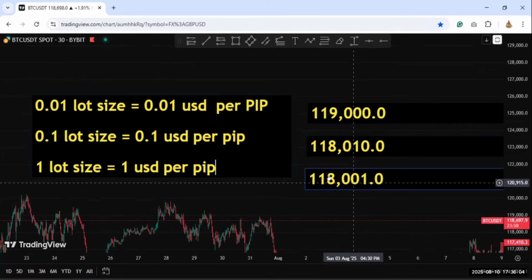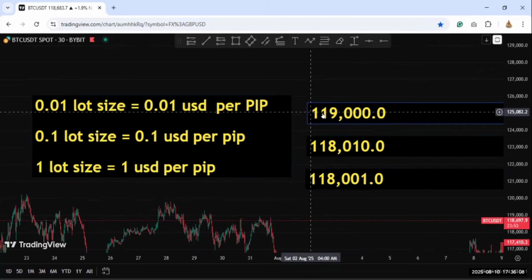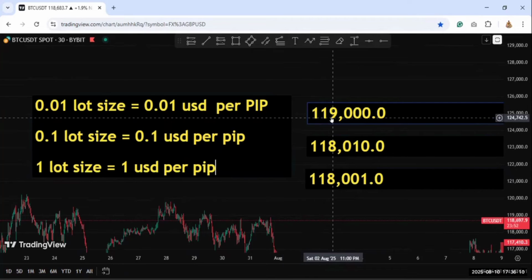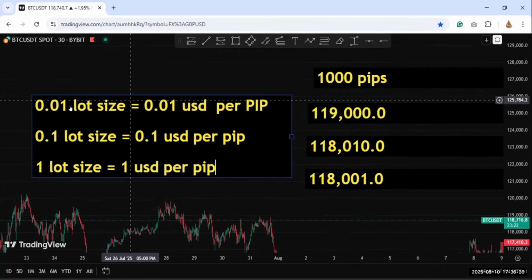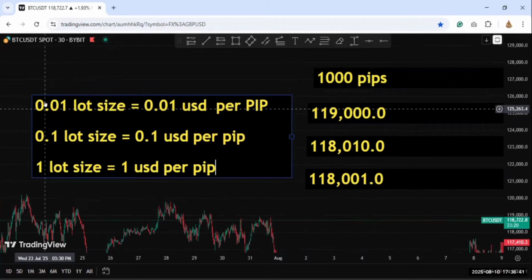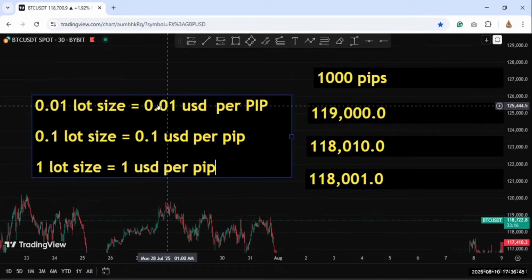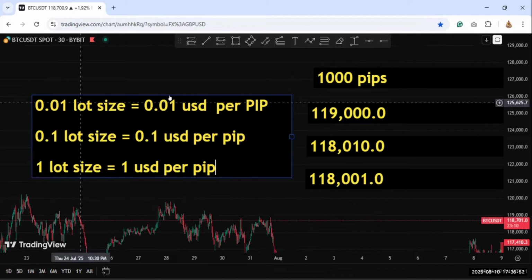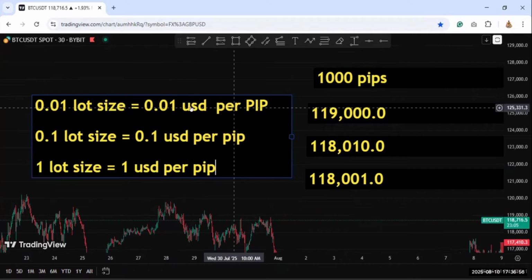By the time Bitcoin moves from 118,000 to 119,000, it means it has moved by 1,000 pips. If you were using 0.01 lot, for every 0.01 lot that you use, $0.01 will be added or deducted for every 1 pip movement.